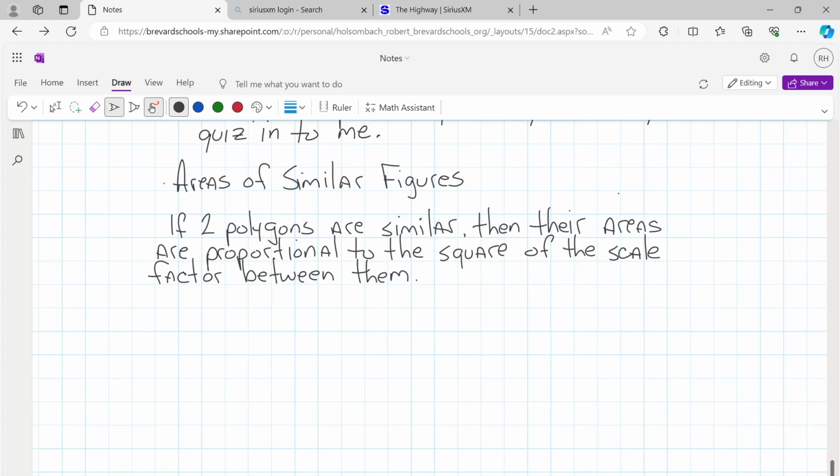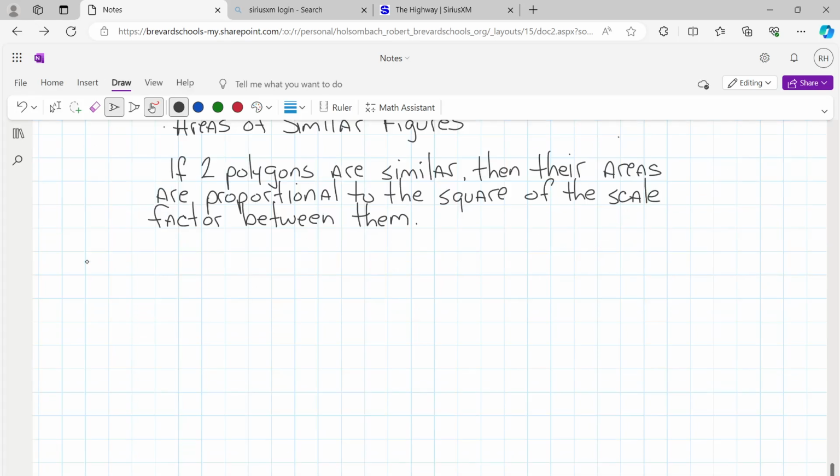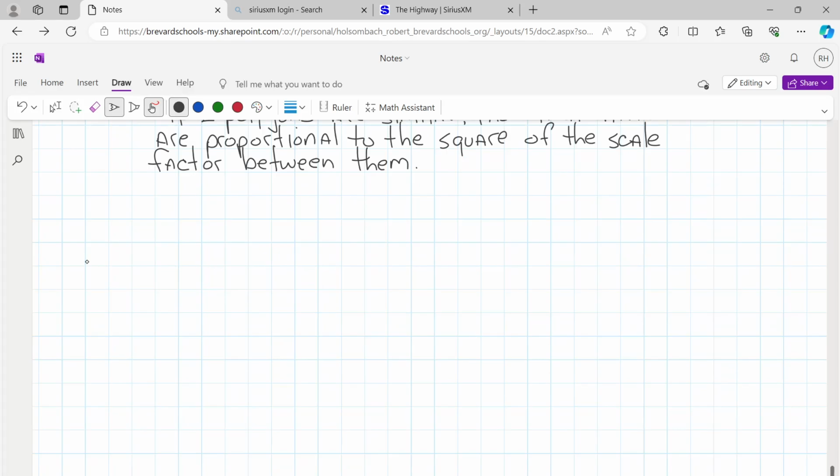All right, and the example is if you've got two shapes, two polygons there. Polygon ABCD, and this polygon is blue.